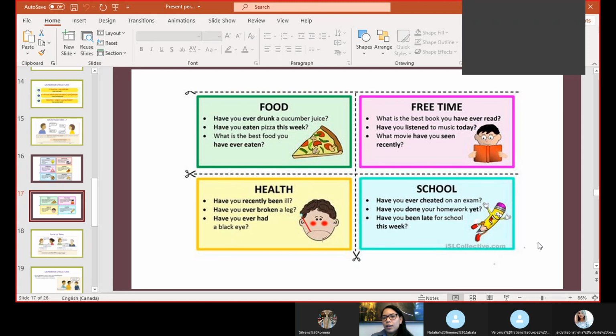So what is the best book you have ever read? I'm gonna write the question in the chat just in case you cannot see it. So what is the best book you have ever read?